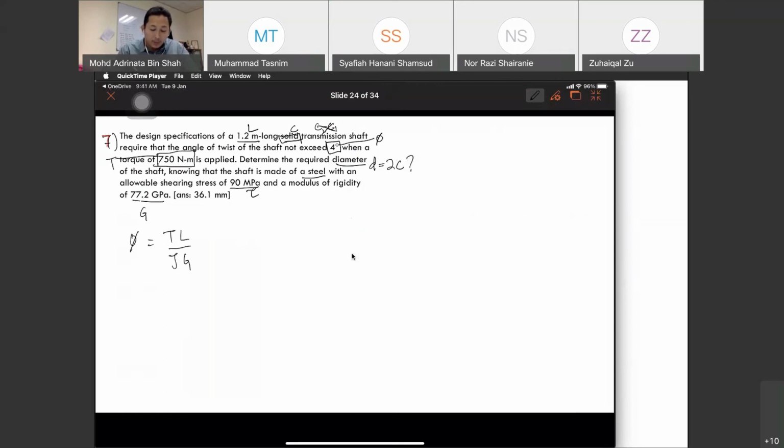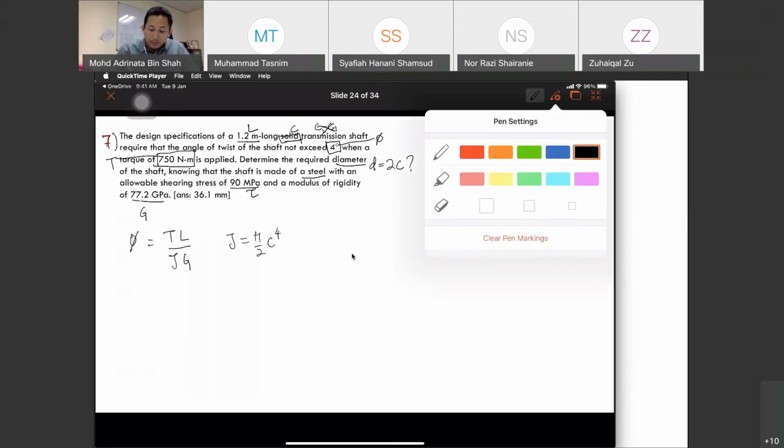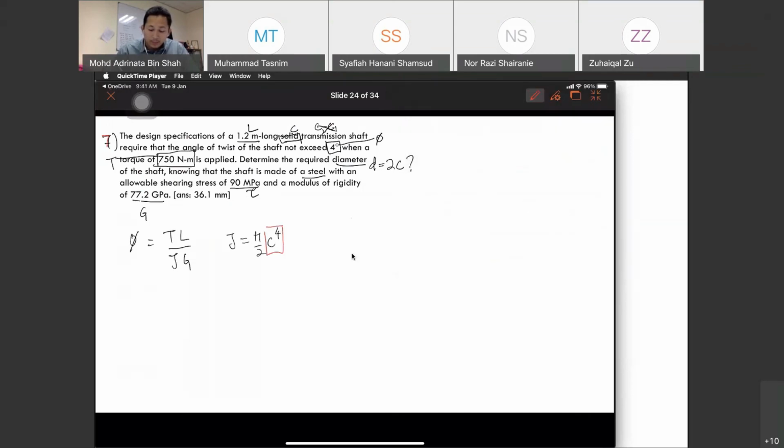What you need to find is J, which equals pi over 2 C to the power of 4. So you need to find this.